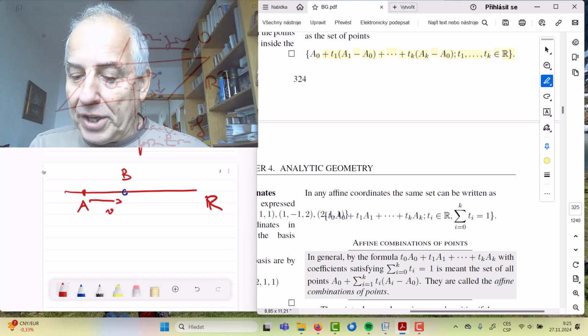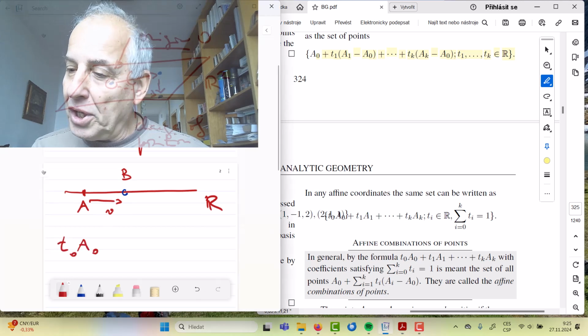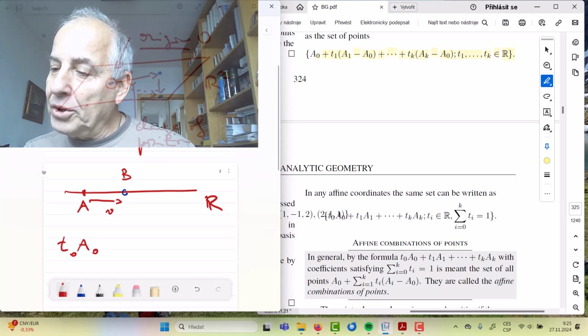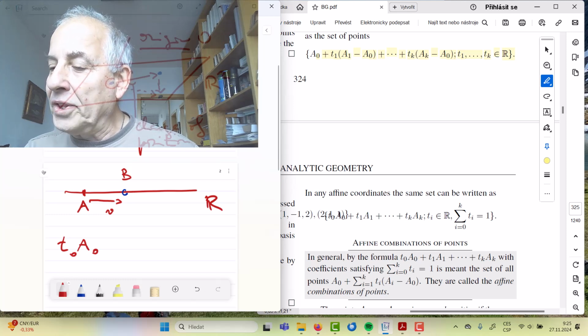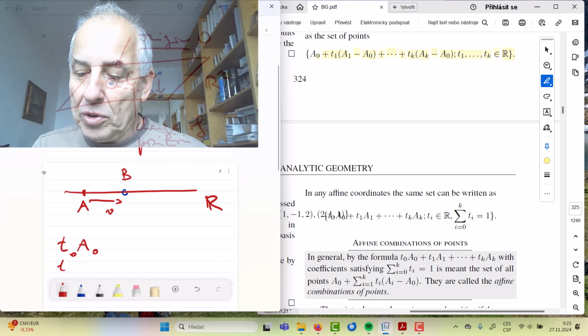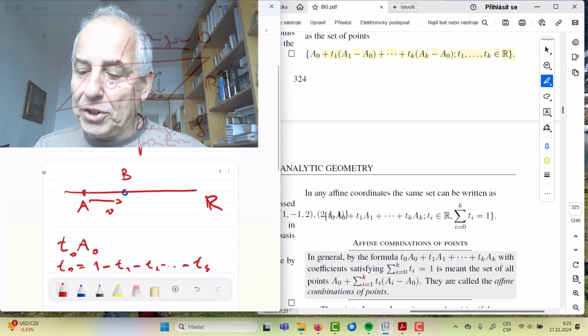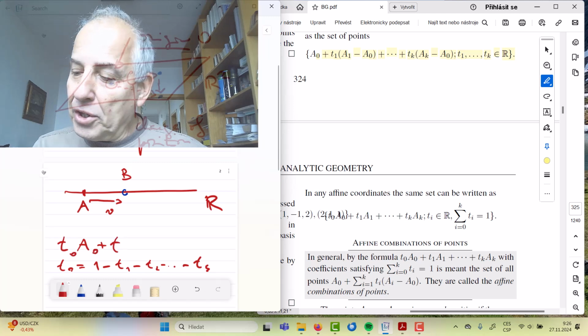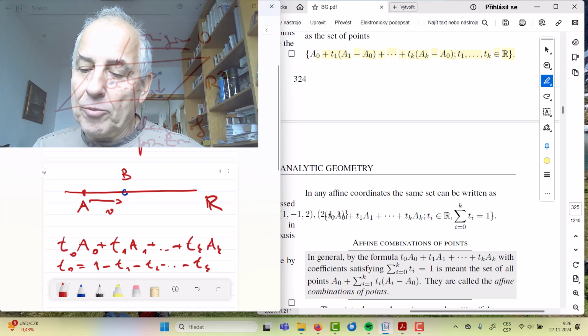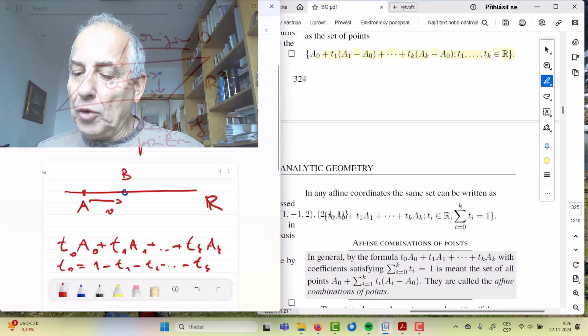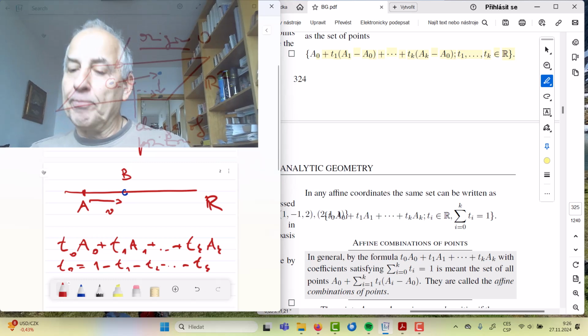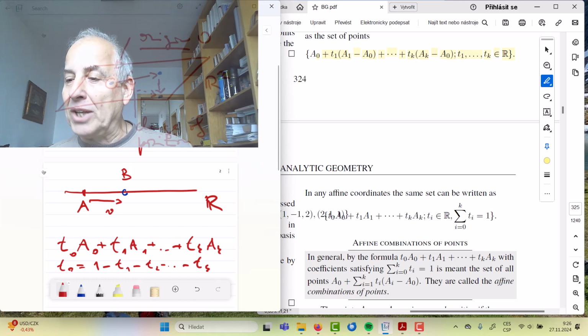So what you get is some t0 times the origin, right? Because you see the origin will be 1 times here. So t0 will be 1 minus t1 minus t2 and so on minus tk. That's the t0. And then we add t1a1 plus and so on, tkak, right? So this is what you get for every point in the affine hull of the k+1 points.